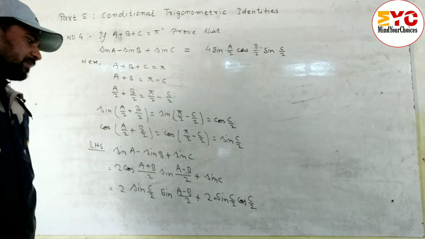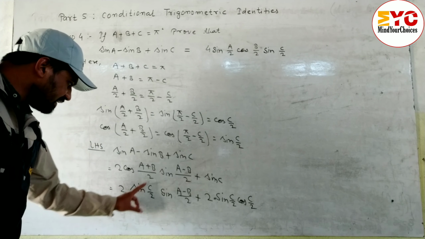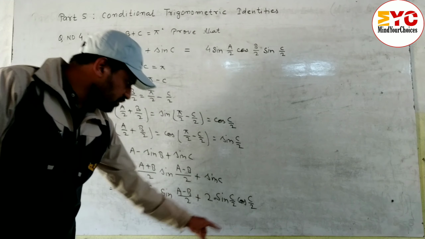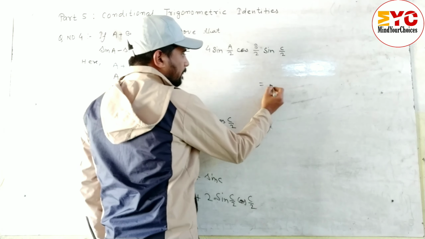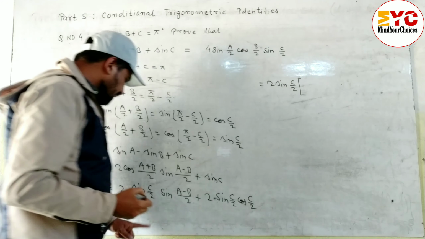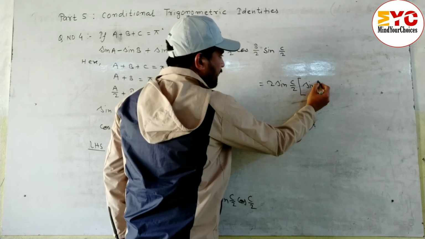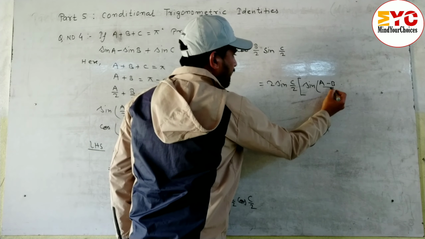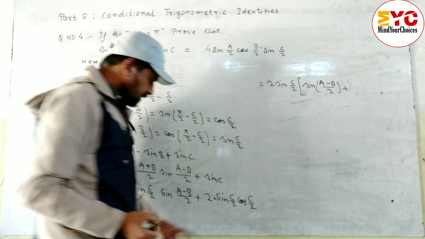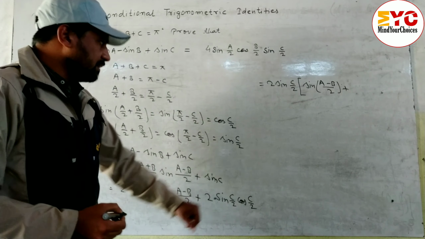Now after this we have to take common, and the common factor is 2 sine C by 2. The remaining is sine of (A minus B) by 2 plus cos C by 2.